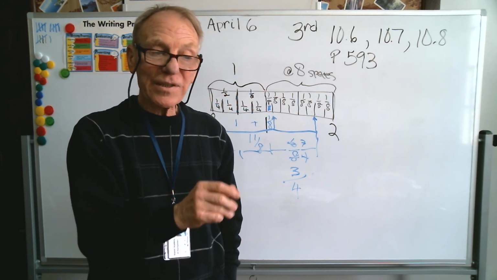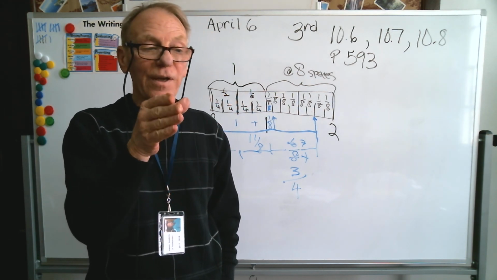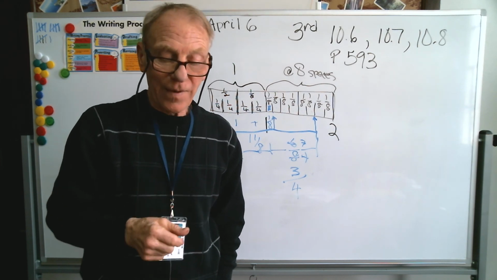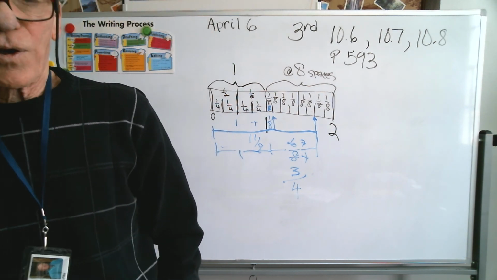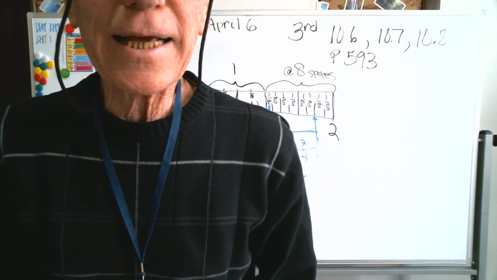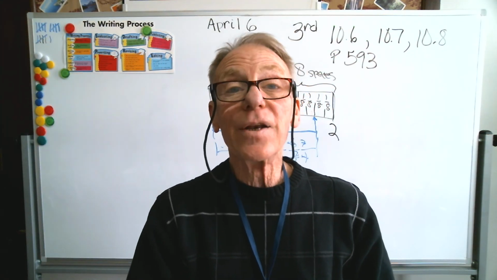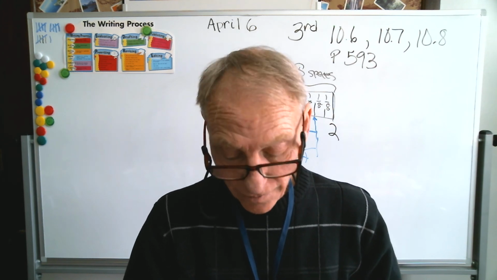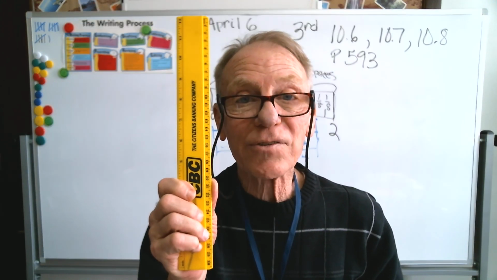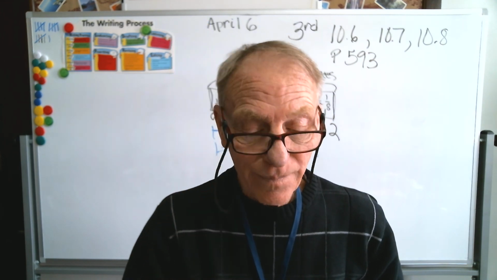That's how you know it's eighths, quarters, and halves. Play with the ruler. Look at it. You can figure this out. I know you're smarter than the average piece of plastic. All right?